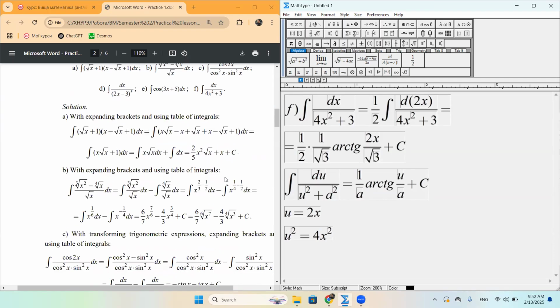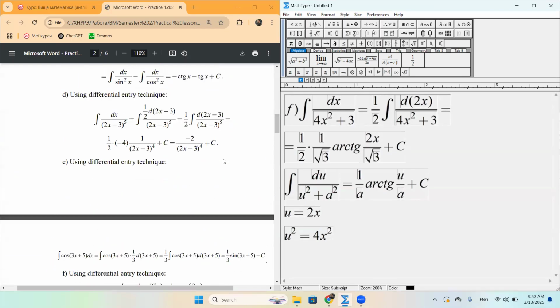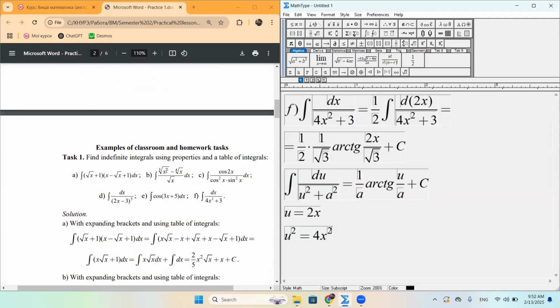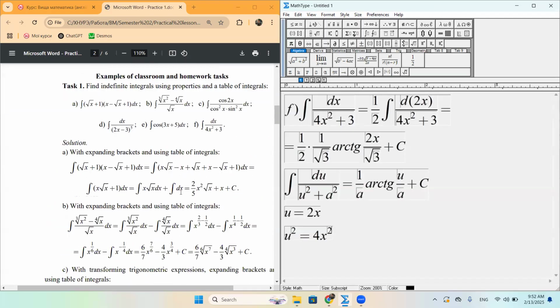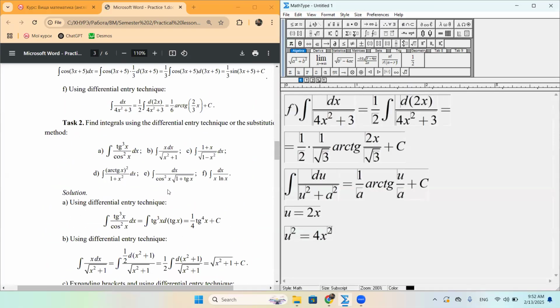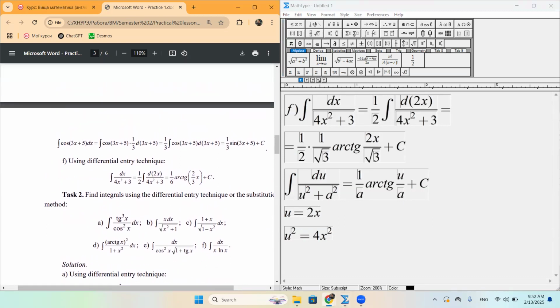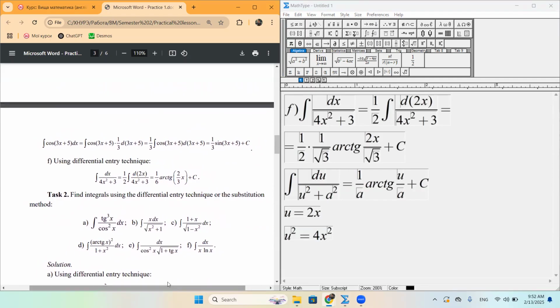Okay, if no questions, let's move to the next task. So other examples. Of course it will be better if you calculate on your own, but you also can check yourself here. And now we will use the differential entry technique or substitution method for these integrals.